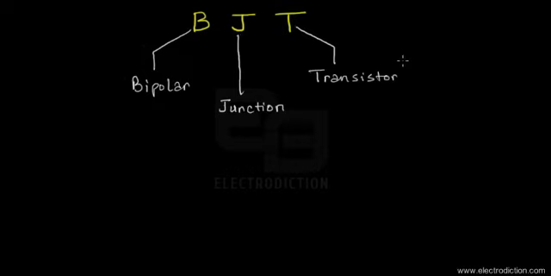Now let me tell you the main speciality of this device is that it has two types of current carriers. Back in the previous tutorials on the basic semiconductors, you learned that there are two types of current carriers, namely the electrons and the holes. In the BJT, both types of carriers are present together.